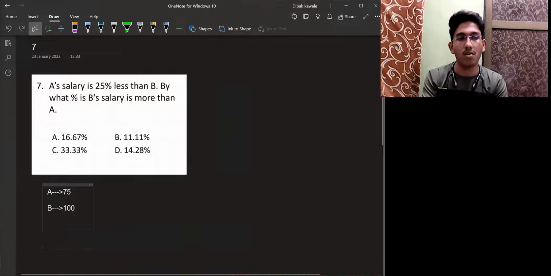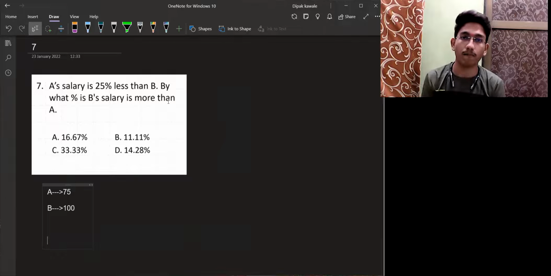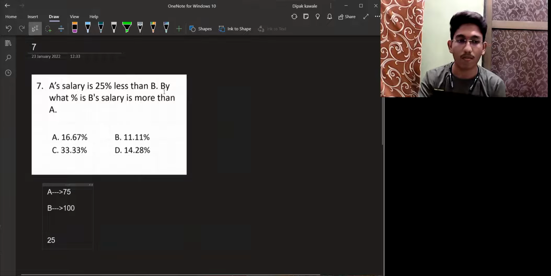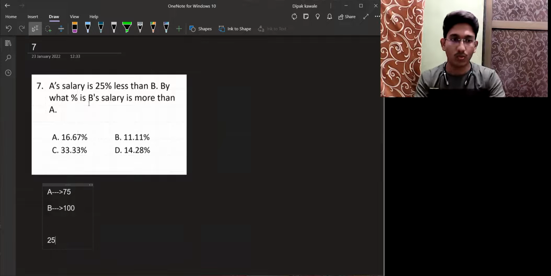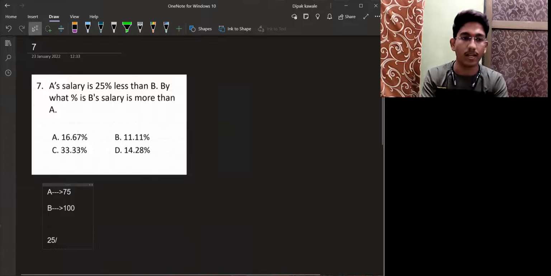Okay. Now in the question it is asking what percentage B's salary is more than A. That means we have to figure out how much it is more, in terms of B and A. That means the difference is how much? 25. Correct. So 25 divided by, tell me, 75 or 100?